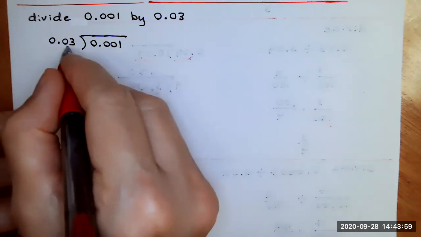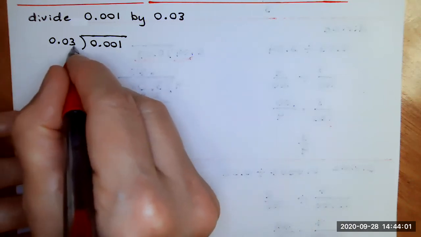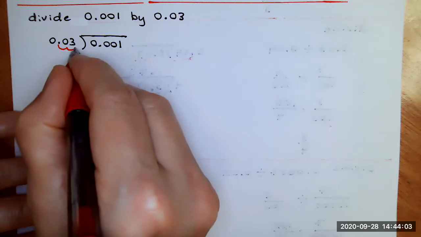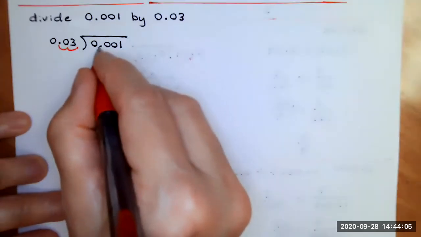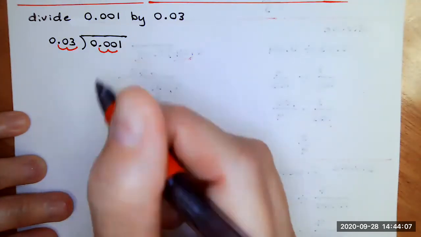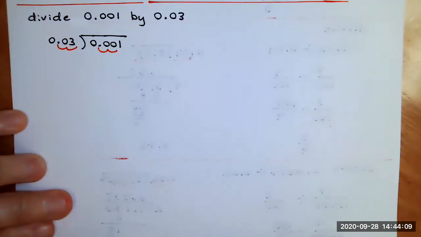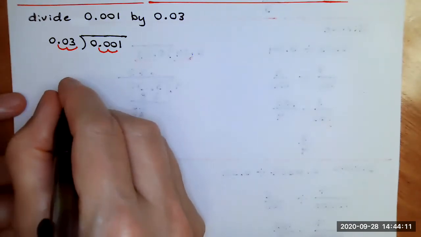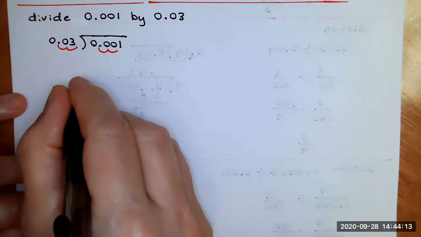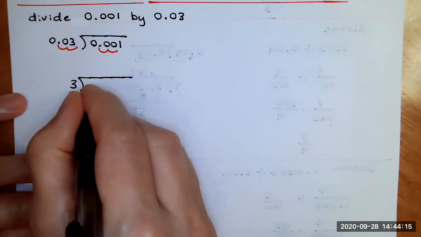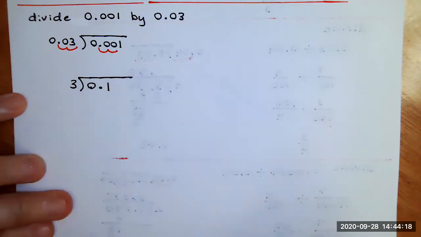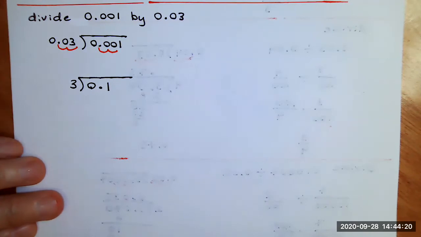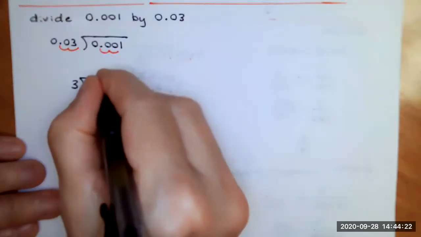And the answer is only 2, because the divisor needs to be a whole number. The number that's getting divided just goes along for the ride. So we have 3 divided into 0.1. And because I'm done moving the decimal point, I'm just going to put it up top.